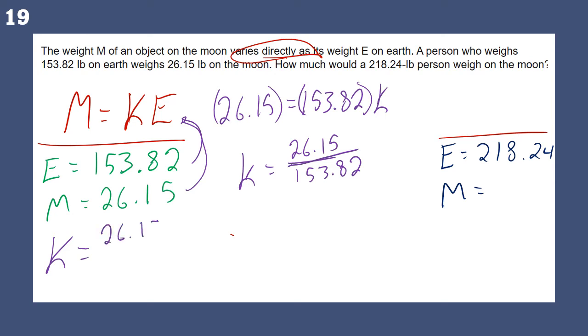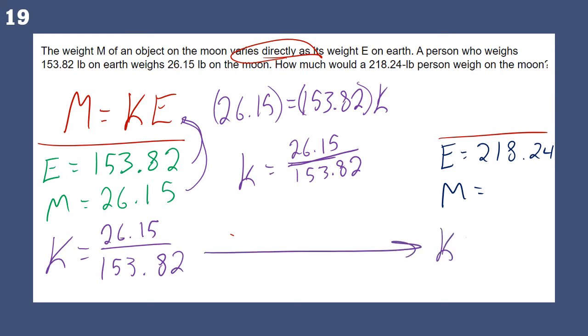Now, the nice thing about this is that since we have one formula, the K is called our constant of variation. So it is a constant. It doesn't change like our variables do. So we can use the same K right here, which means to solve our problem and find M, all we need to do is go in and set up our equation.